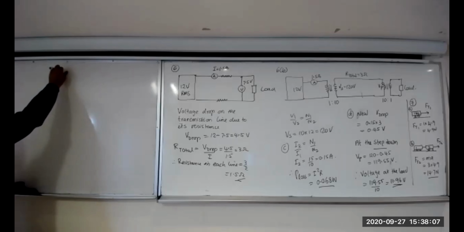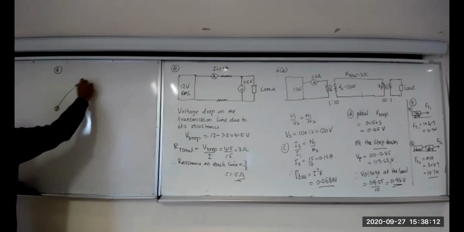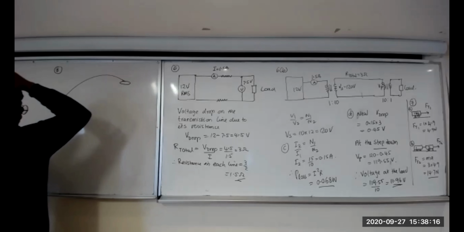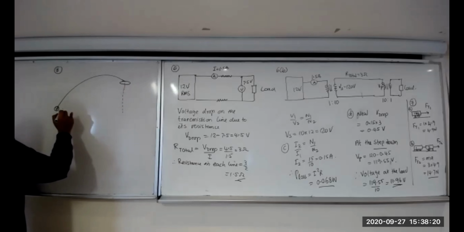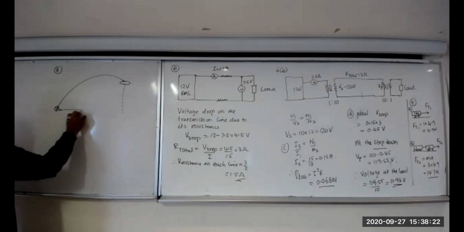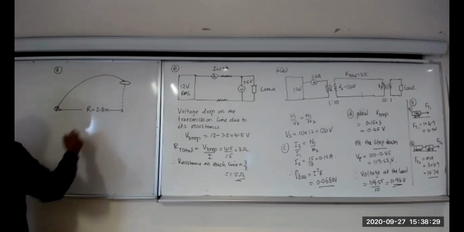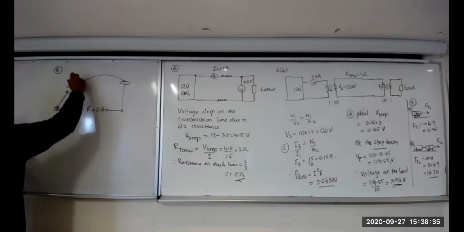Question 8, so a simple projectile. Now, when you talk about projectiles, always think about these two independent motions. What you see in the path is a combination of these two independent motions. You're projecting at 7 meters per second.